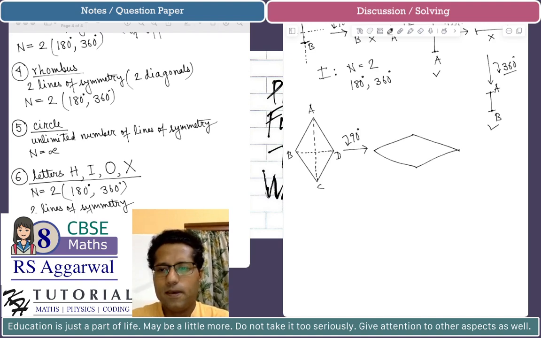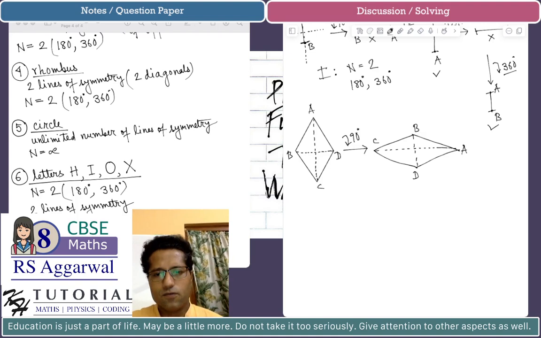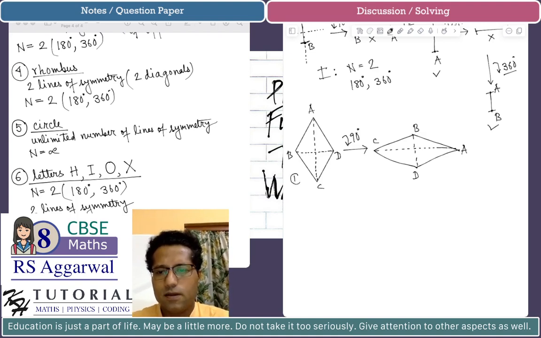So it will be A, B, C, D, and these are the lines of symmetry. We can clearly see that this was the initial position of the rhombus, position 1. In position 2, we can clearly see that the rhombus is not looking identical. Position 2 is the rhombus after an angle of rotation of 90 degree clockwise.